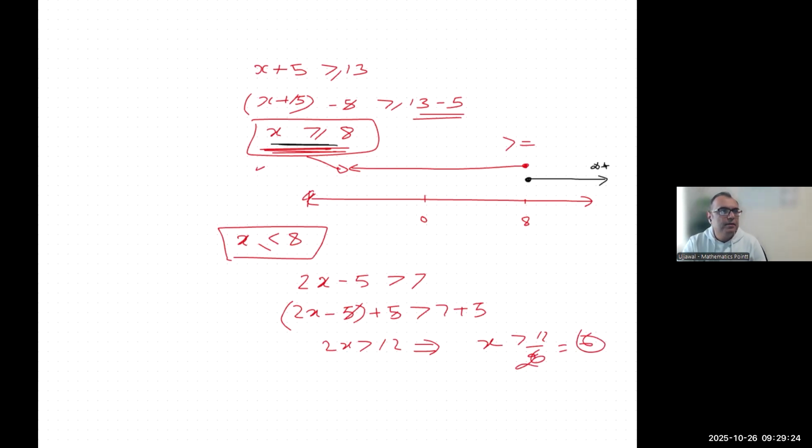Now, going to the next page, I told you at the beginning of this subject that inequalities are 99% exactly the same as how we solve equalities. Now, let's test you on one more thing. Negative 2x is greater than 12. Give me x.